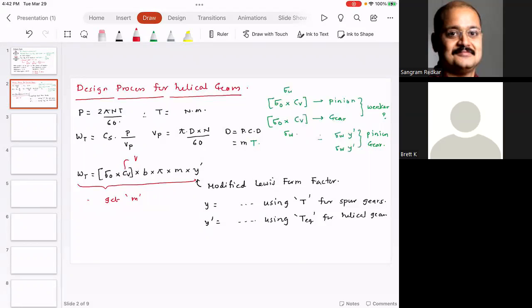This is the velocity factor. The equations are same as spur gear, otherwise the procedure is same. Sigma naught is also same for spur gear because it's the material property.